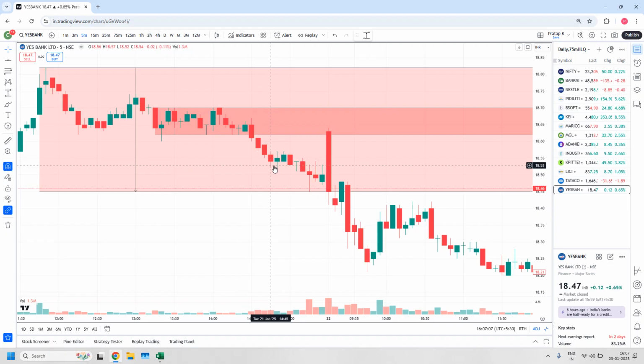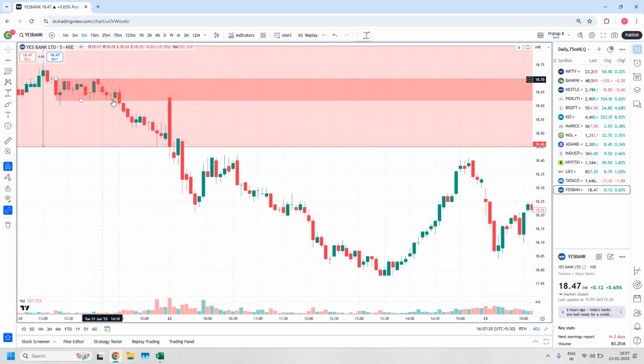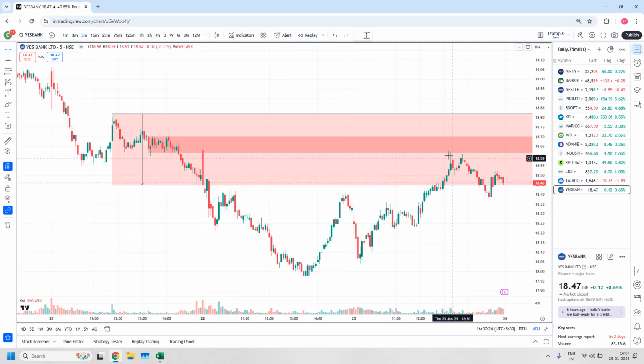Compromising the zone drawing at the 5-minute level is not really advisable. So that is the reason why we anyway are not taking it. Moreover, prices also earlier came out from this zone and the structure is also not good. When you have such kind of structures, ignore them. Even if they gave you a trade, still you need not worry about that. We need a proper fine-tuned 5-minute zone.